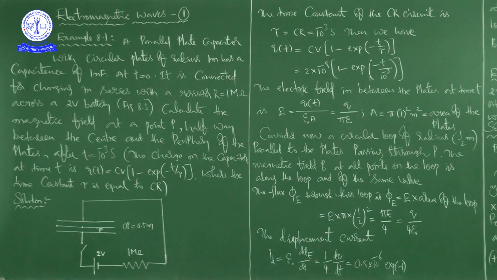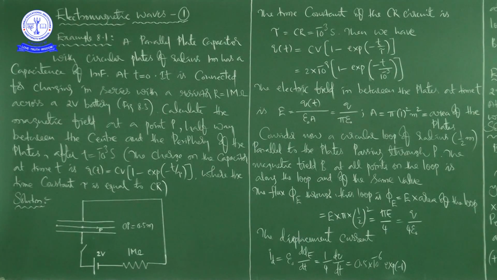A parallel plate capacitor with circular plates of radius 1 meter has a capacitance of 1 nanofarad. So we have to understand that there is a parallel plate capacitor with circular plates.